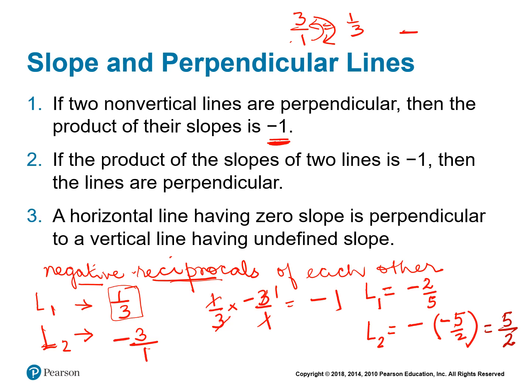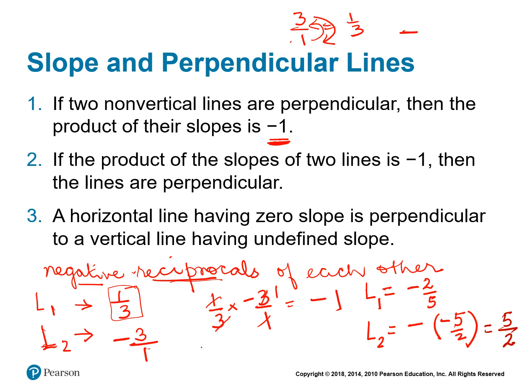Now let's do a quick check to see whether when we multiply the slopes of L1 and L2, we get -1. They should multiply and give us -1.